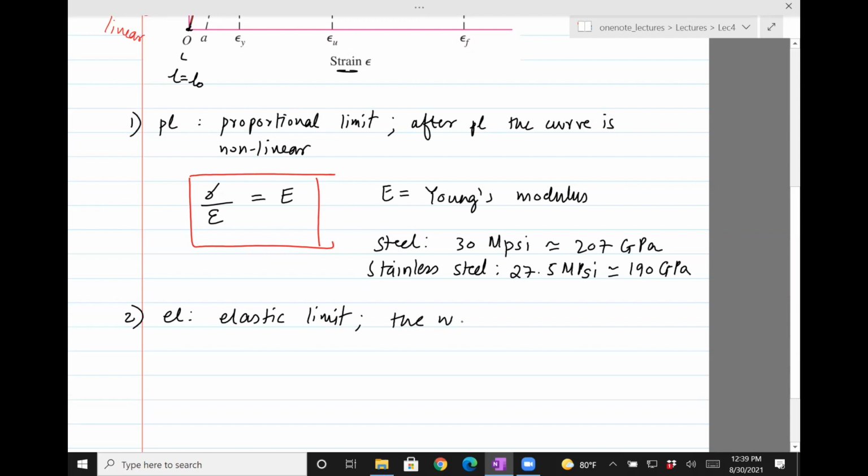The material shows permanent deformation beyond this point.